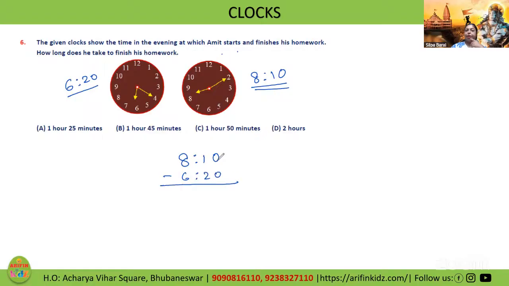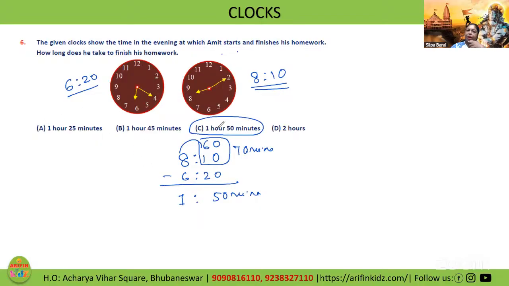I'm telling you 2 methods. 10 minutes minus 20 minutes is not possible, so 10 minutes will borrow 1 hour. 1 hour means 60 minutes, beta. So 60 minutes plus 10 minutes is 70 minutes. 70 minutes minus 20 minutes is 50 minutes, beta, right? And now 7 minus 1 is 6, no wait, 8 minus 1 is 7, and 7 minus 6 is 1. So the duration of homework is 1 hour 50 minutes.